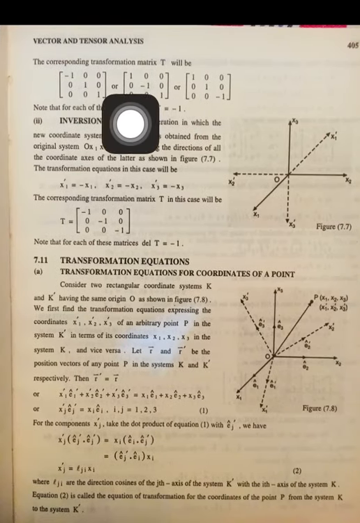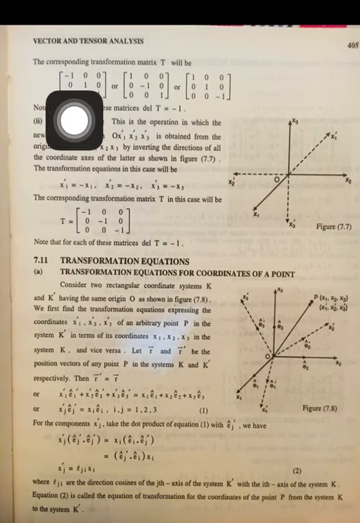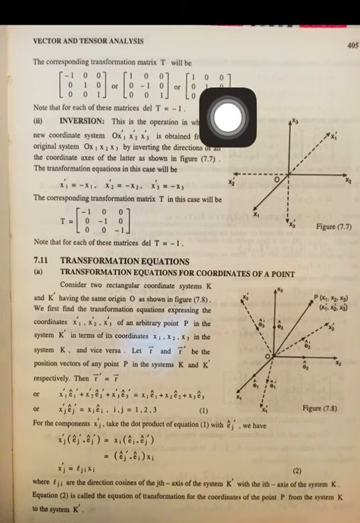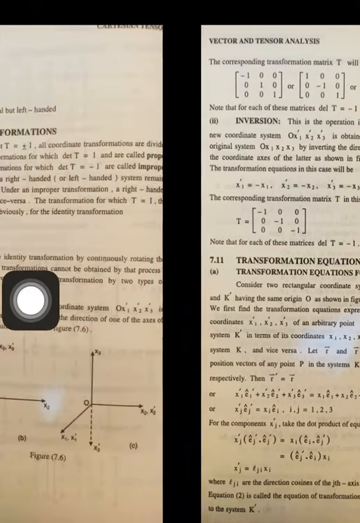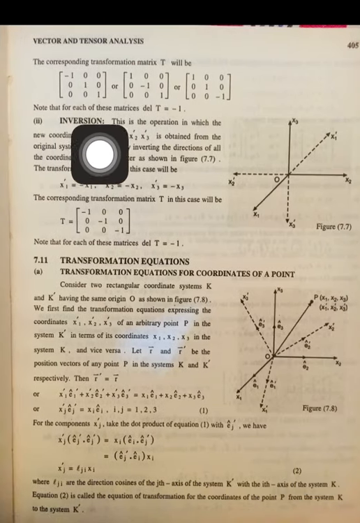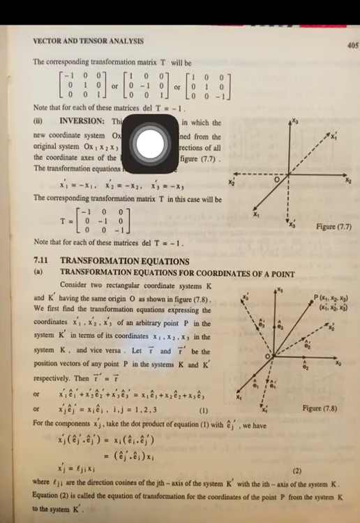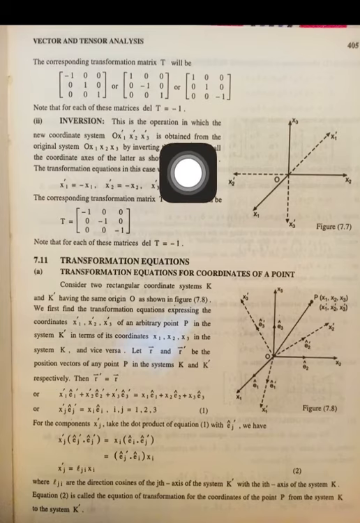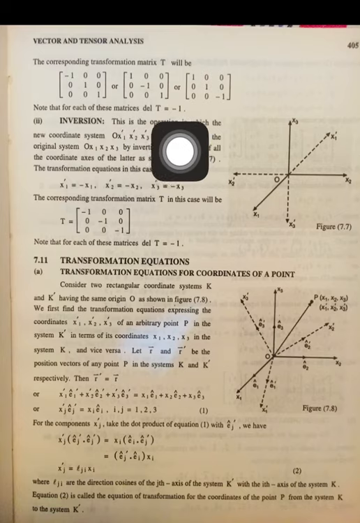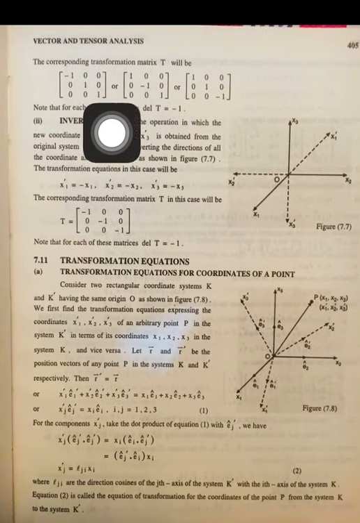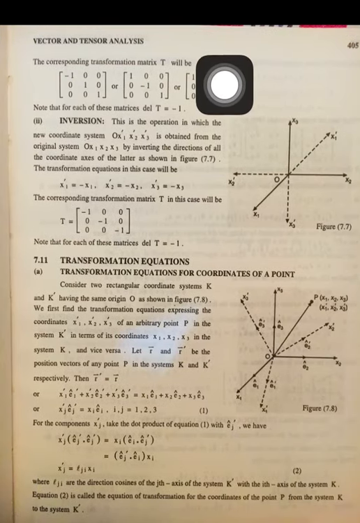These are the transformation matrices T according to all these equations. Note that for each of these matrices the determinant of T is minus 1, because these are improper transformations. So for an improper transformation the determinant of T is always minus 1. I can write these equations in matrix form like this, this and this.